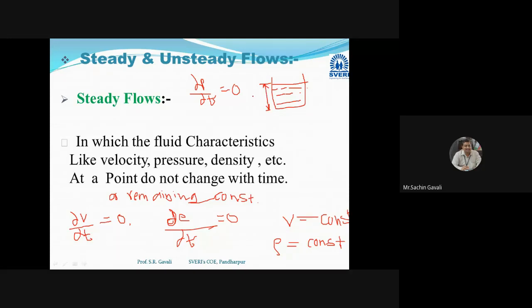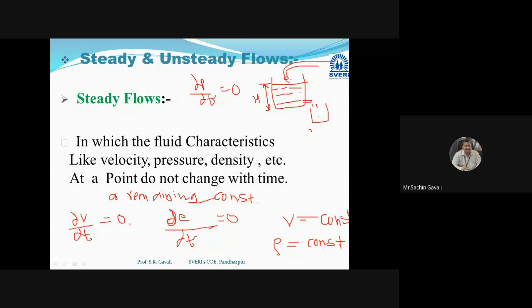Let us consider h as the height or depth of water in the tank. If it is maintained constant, and we are taking a discharge through a pipeline, with the same amount being added, that type of flow is called steady flow. Means what?